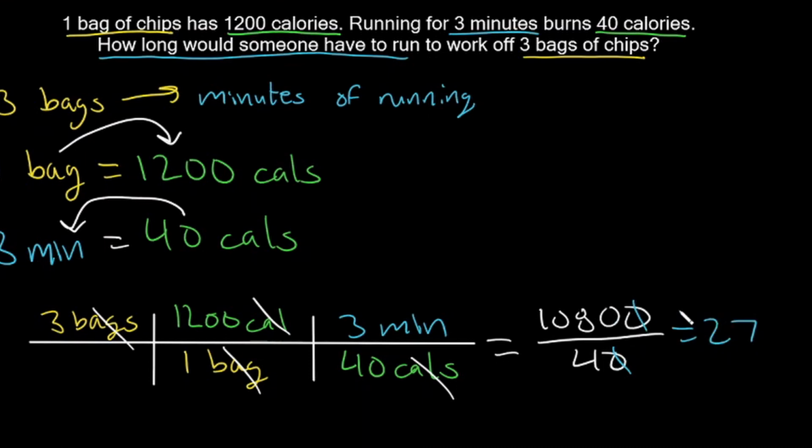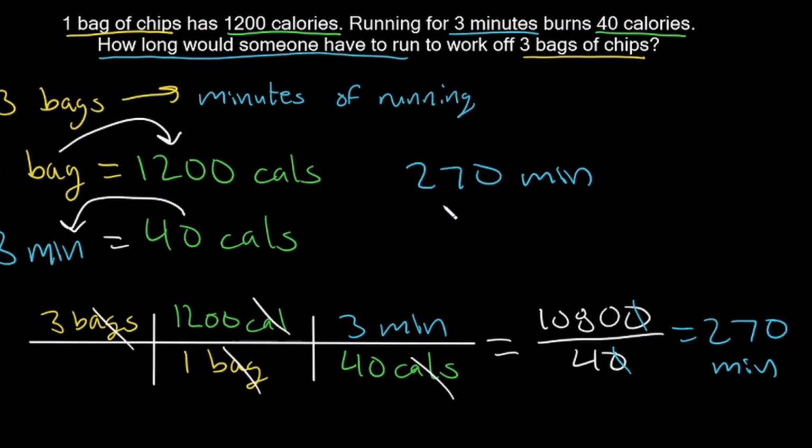But then we still have another 0, so it'd be 270. And if we put that into our calculator, yes, it is 270. And the unit for this is going to be in minutes. So to work off 3 bags of chips, someone would have to run 270 minutes.